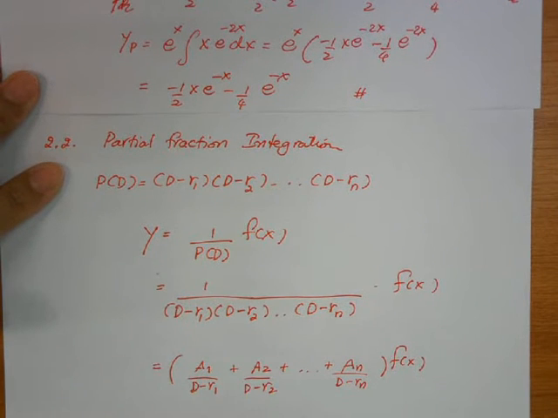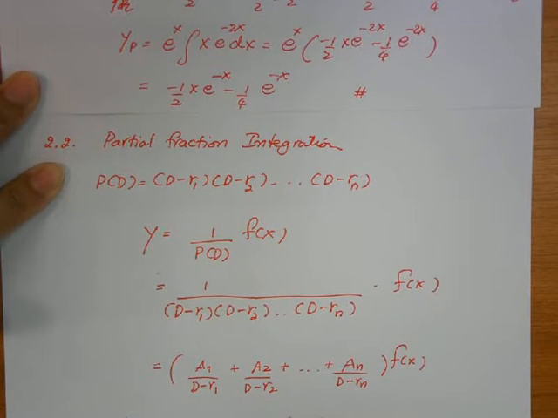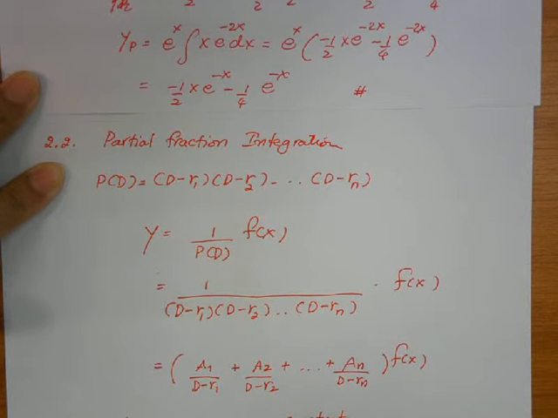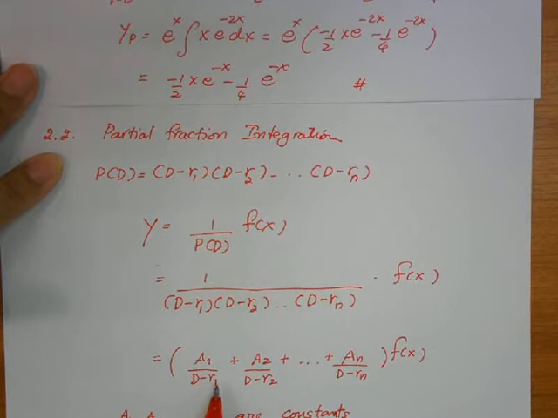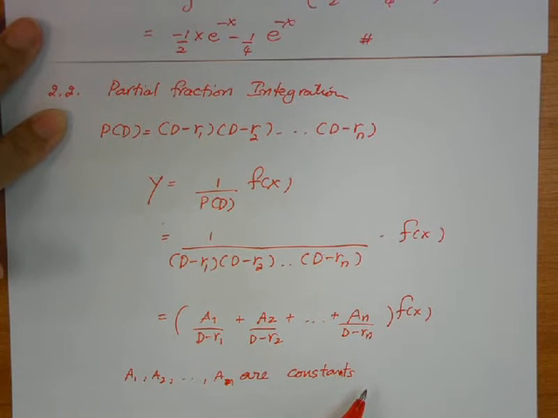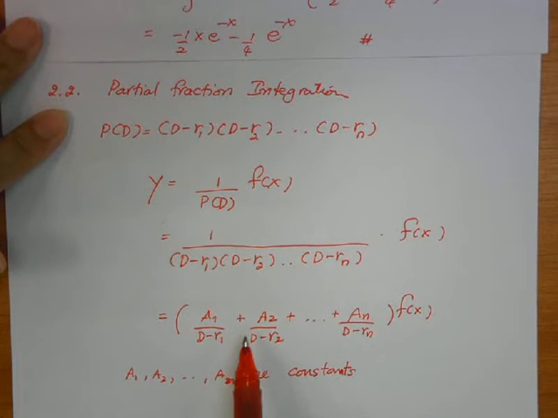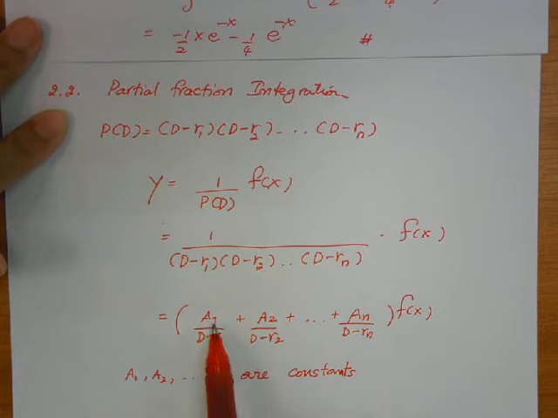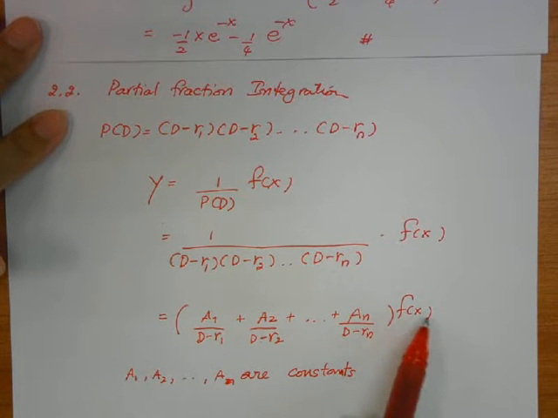And we know that a1, a2 until an are constants, right? If we do partial fraction, you would get a1, a2 until an as constants. In this case, because you have the summation of each term, you can distribute the fx into each term.